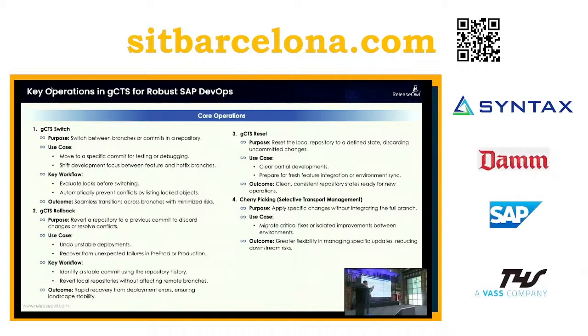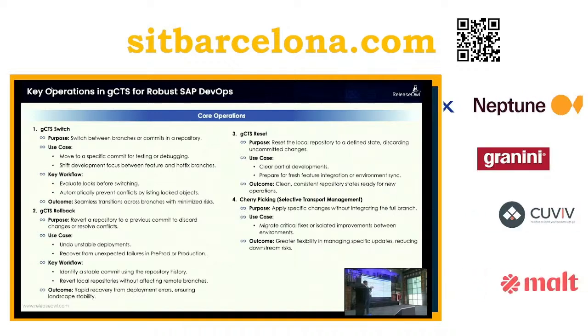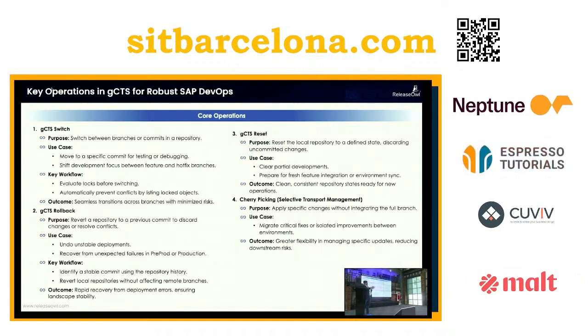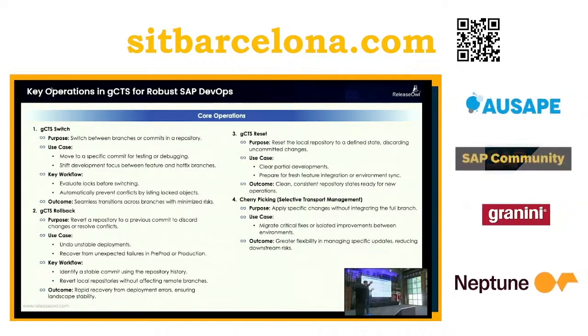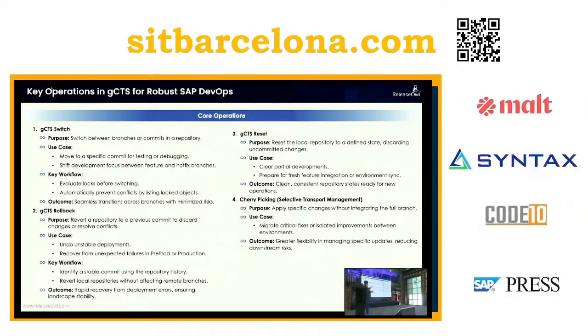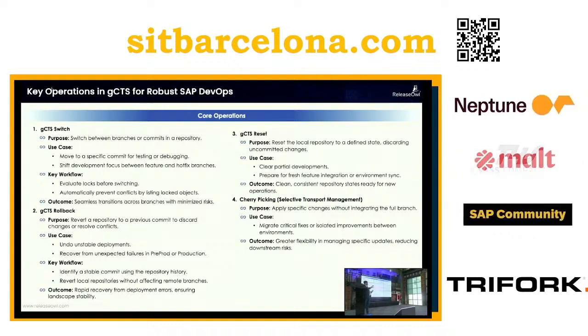So you have to keep pushing your changes from your SAP system into the development branch. But not all of them would want to go into QA. Not all of them would want to go into UAT. Not all of them would want to get into prod. This is where we talk about cherry picking, to be able to pick up the commits and move those commits as and when they are certified.